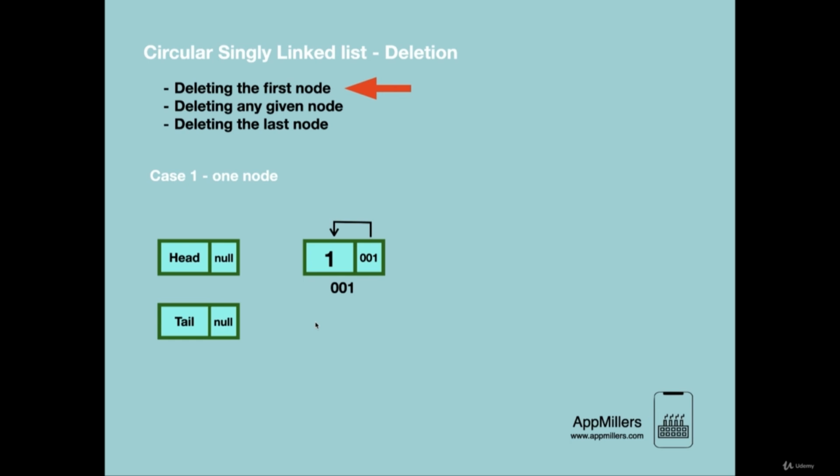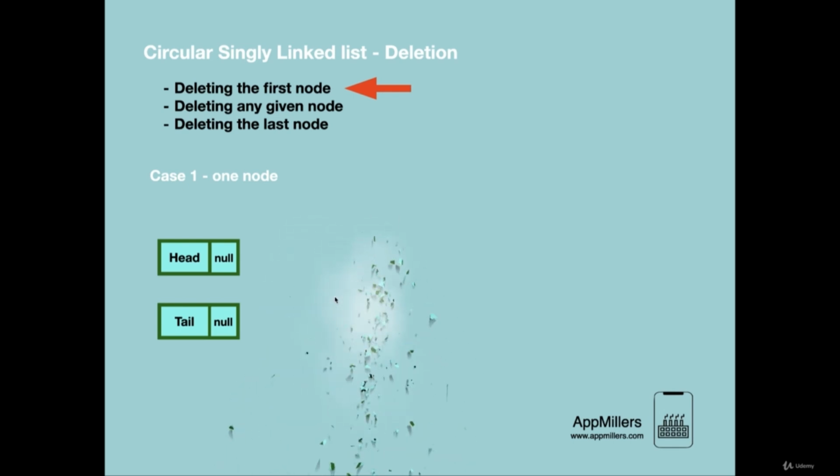Finally, we will update the next reference of this node. If we update the next reference of this node, it will delete the link with itself. After doing this, the node is eligible for garbage collection. So the garbage collector will come and destroy this node. With this, the first node from the circular single linked list gets deleted when we have one node in our circular linked list.